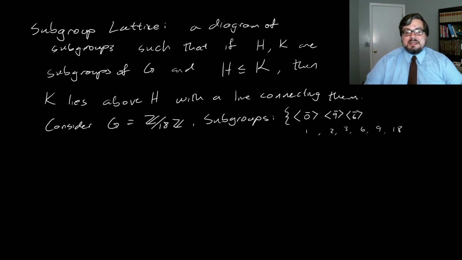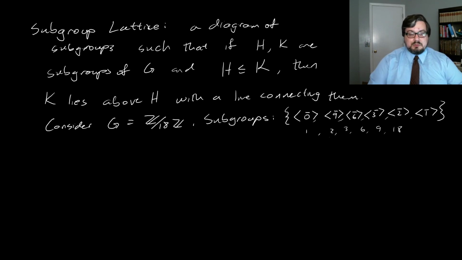And you'll notice that after the 1, we get these subgroups by taking the order of the group and dividing by the order we want. So 18 divided by 2 is 9, 18 divided by 3 is 6, 18 divided by 6 is 3, 18 divided by 9 is 2, and 18 divided by 18 is 1. So this group only has 6 subgroups.